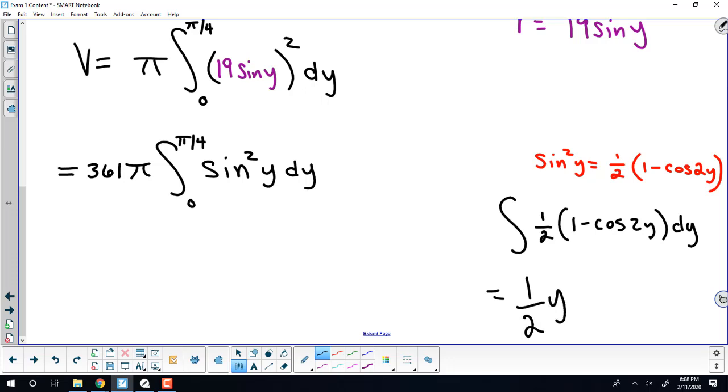We have 1/2 y minus the antiderivative of cosine of 2y, which is sine 2y divided by 2. Yeah, divided by 2. So we have y minus sine 2y over 4. Okay, so that's the antiderivative of sine squared.